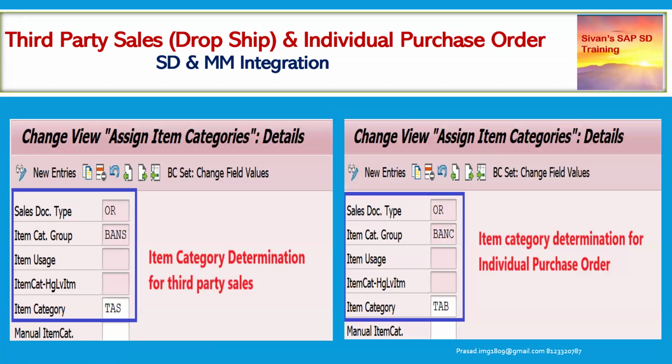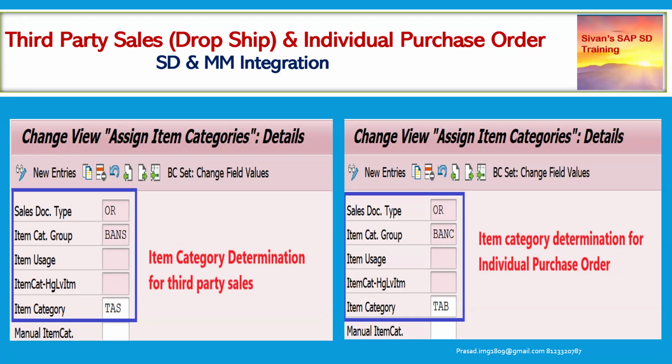If you see the item category determination of third-party sales, it is the combination of sales document type, item category group, item usage blank, item category high level blank, and the default item category is TAS. For the individual purchase order, it is the combination of sales document type, item category group BAC, item usage blank, item category high level blank, and the default item category is TAB.